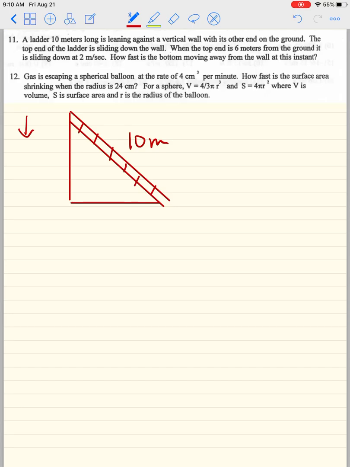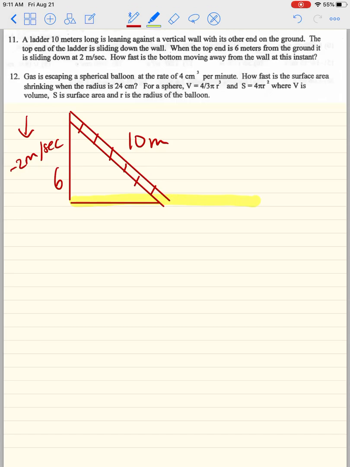When the top end of the ladder is 6 meters from the ground, it is sliding down at 2 meters per second. How fast is the bottom moving away from the wall? So how fast is this part moving away from the wall?